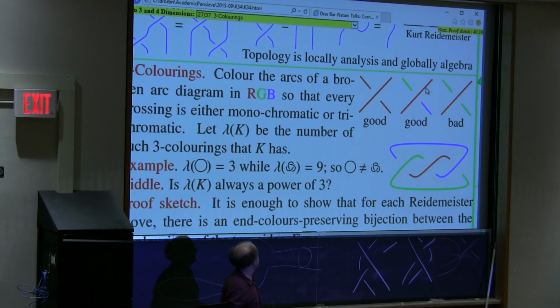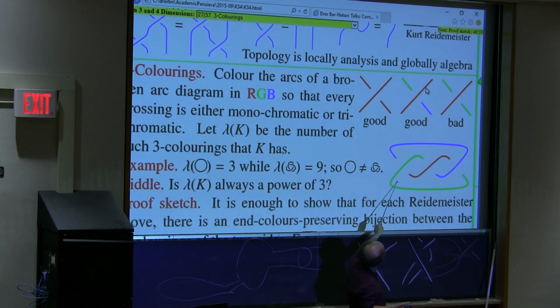Okay? So let's check it. So lambda of the unknotted circle is 3 because basically it has only one arc in it. You have to color it red, green, or blue, and then you're done. However, lambda of the trefoil knot, so here is a picture of the trefoil knot, and here is another one, is 9.